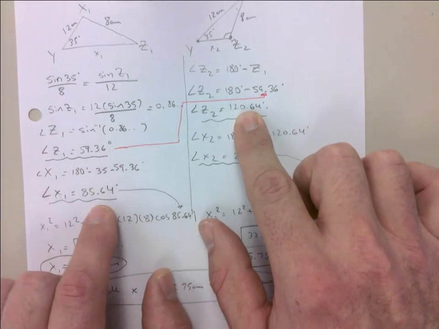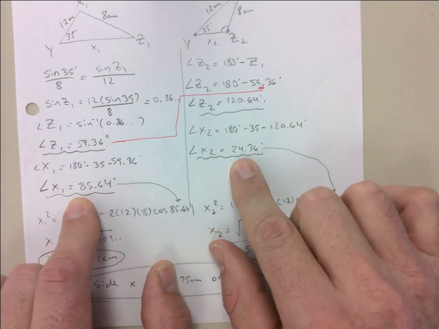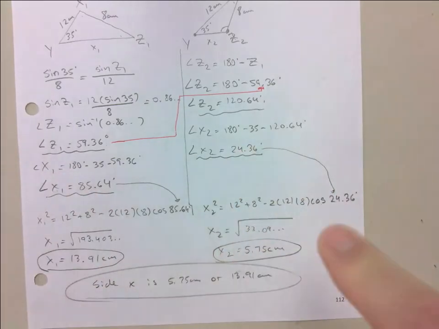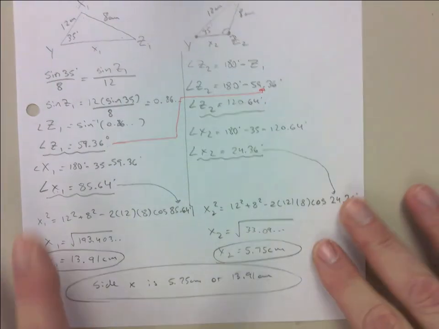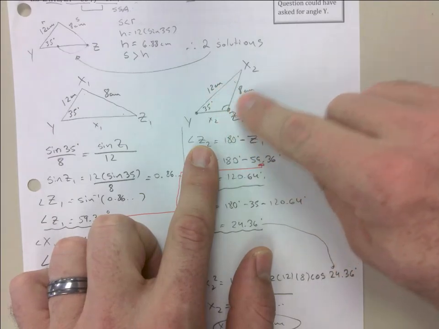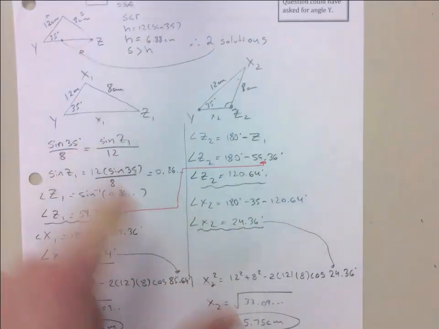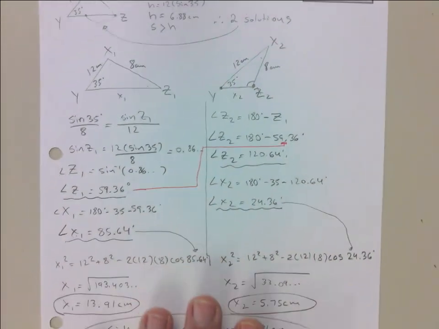Or I may have asked you to stop at angle X. There's two answers for X, right? And so everything has two answers. That's the point here that I'm trying to make. Except for these three numbers that you're provided with, they do not change. They are fixed. Okay? So try 112.